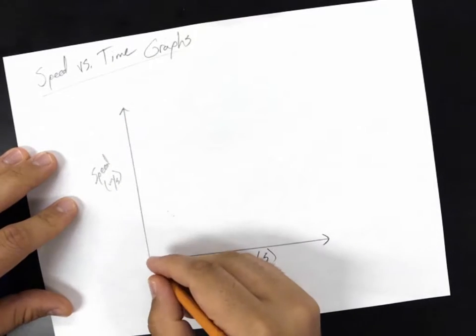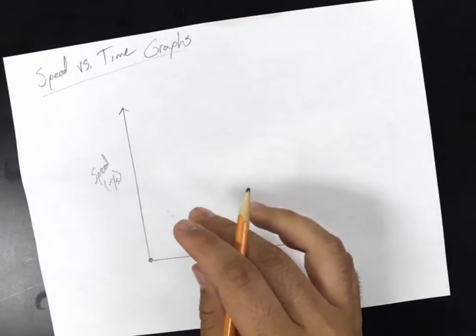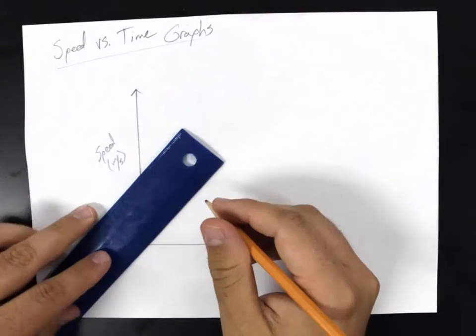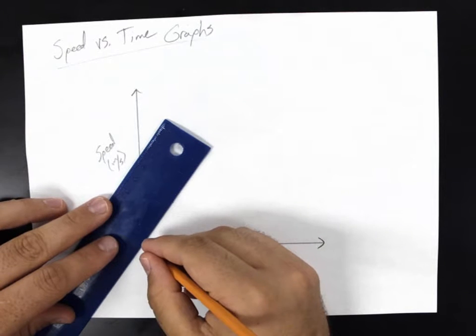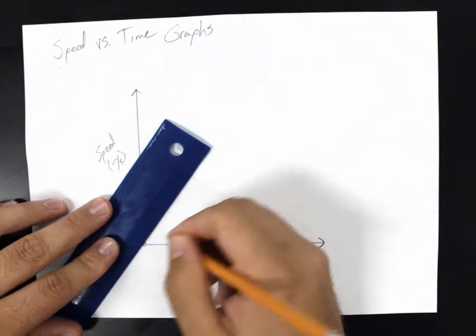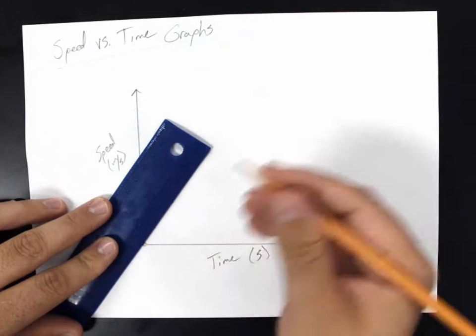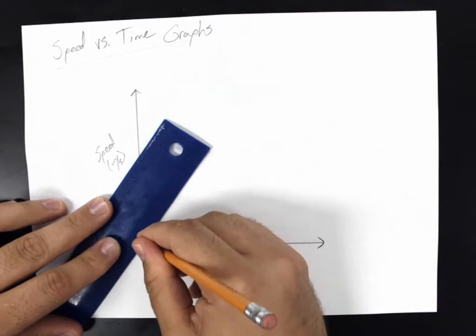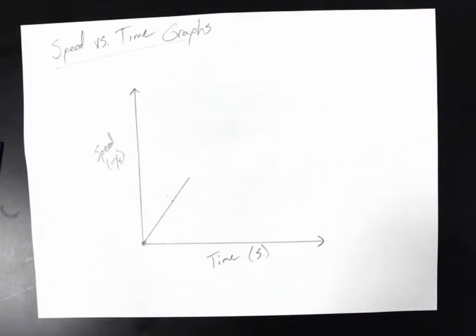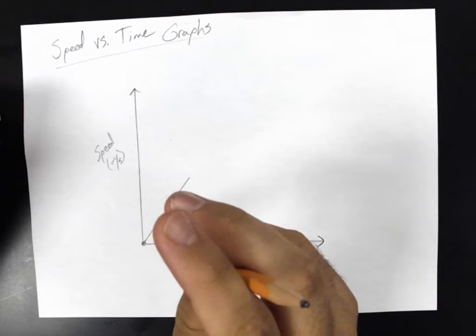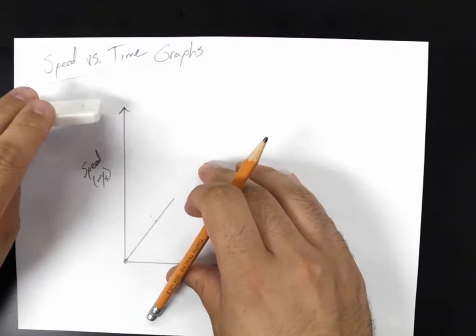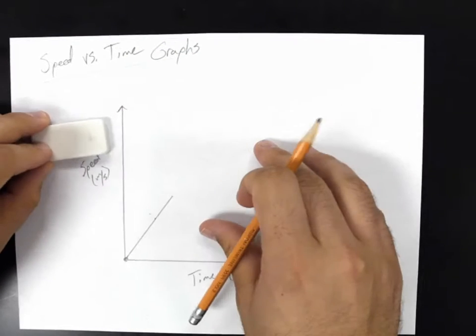Then, based on the sound of my voice, our speed increased for a moment. Then, for a very brief time, this object stayed at a constant speed for a moment.